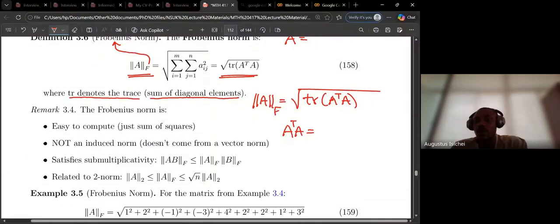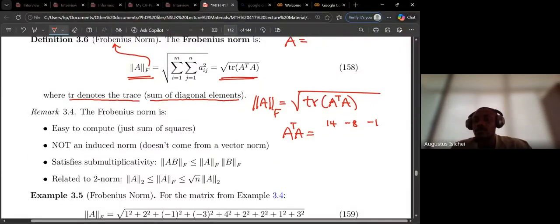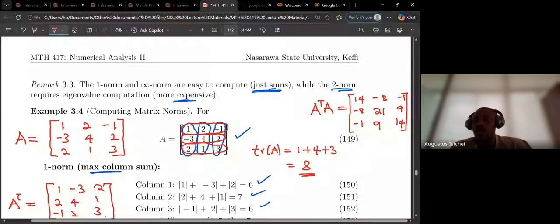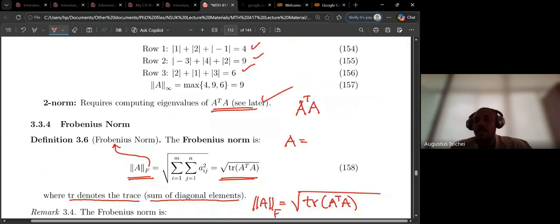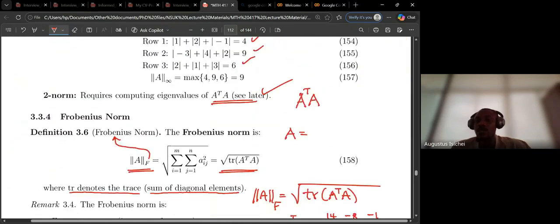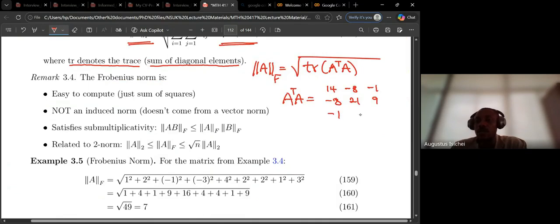Then minus 8, 21, 9. Then finally we have minus 1, 9, 14. This is the matrix that serves as the product of the transpose of A and A itself. Is that correct? That's the matrix.